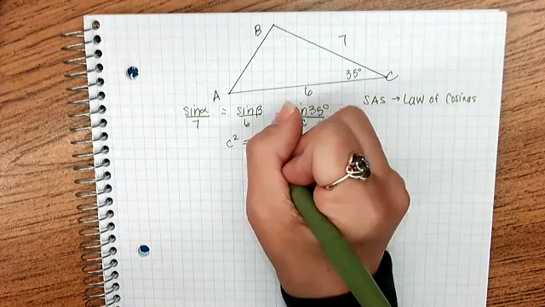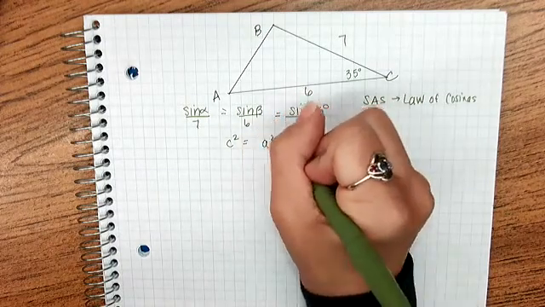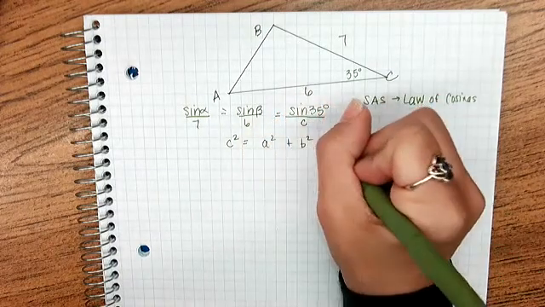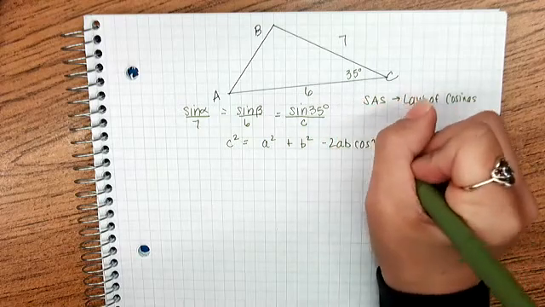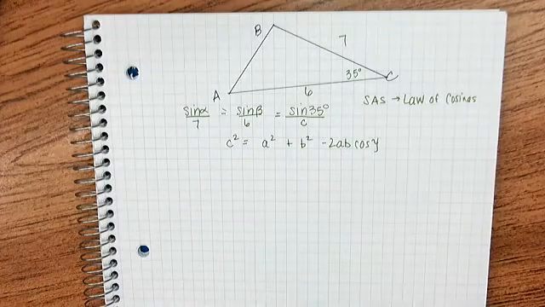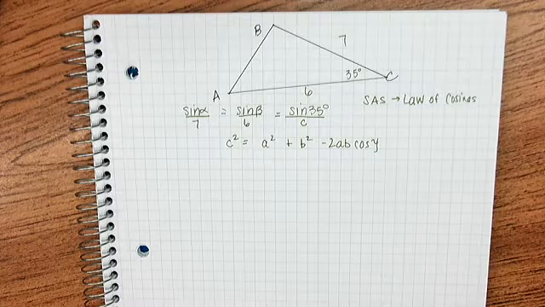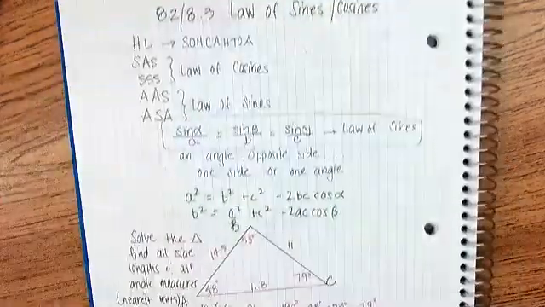So this is going to be A squared plus B squared minus 2AB cosine gamma. I recommend you write it out. You'll make fewer mistakes.